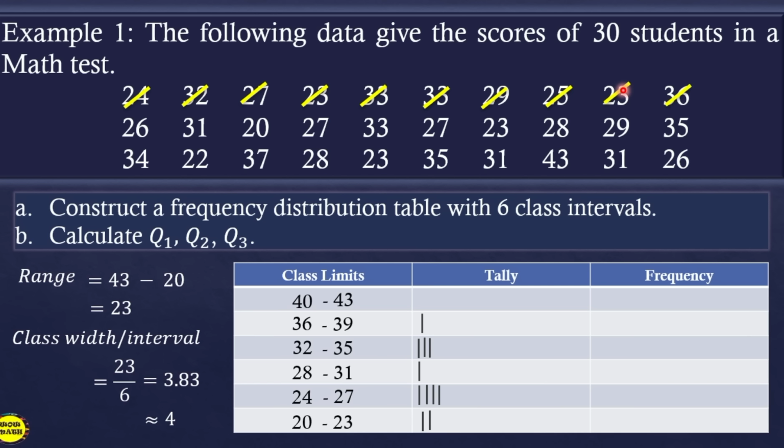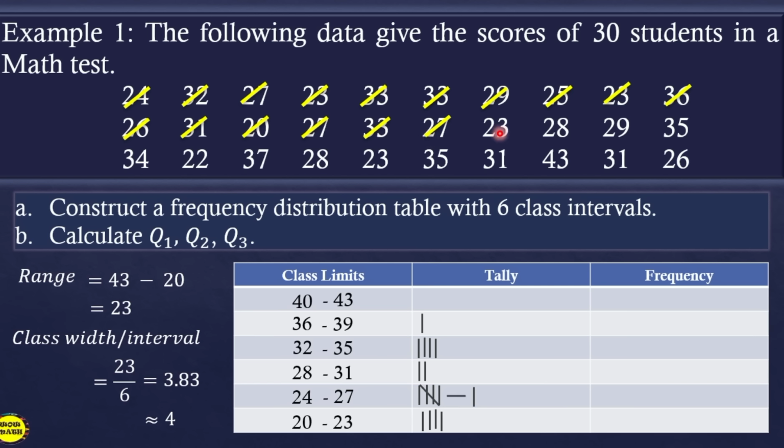After that, 26, 31, 20, 27, 33, so 27 next.